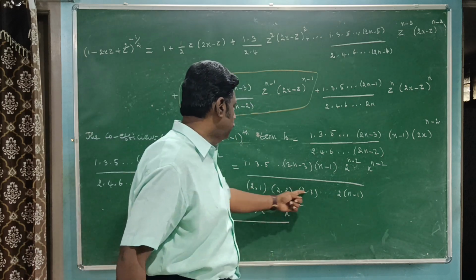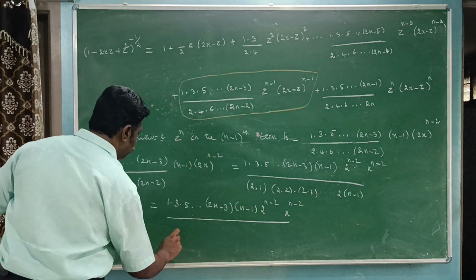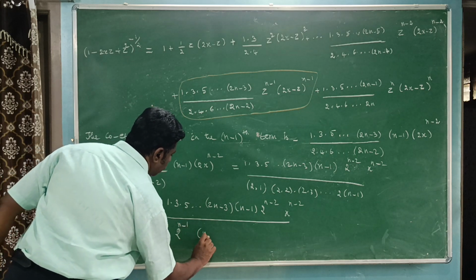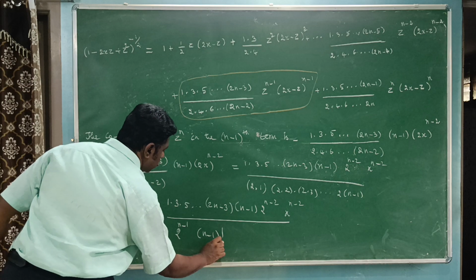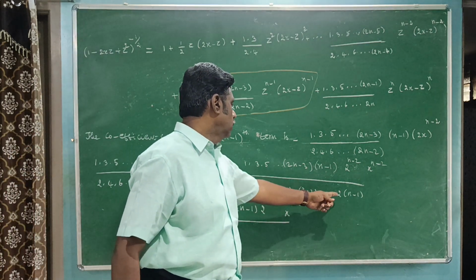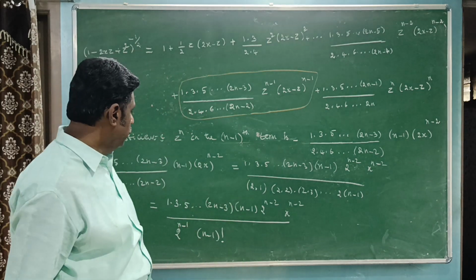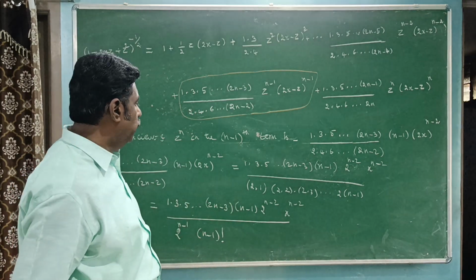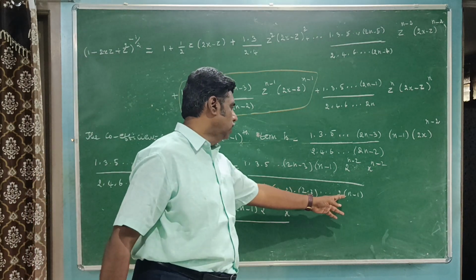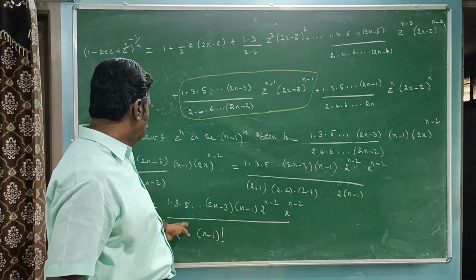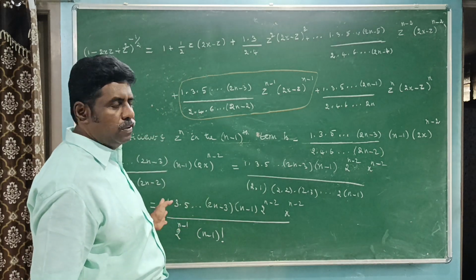we may express the entire terms in terms of 2 power n minus 1 into n minus 1 factorial. The denominator is written as 2 power n minus 1 into n minus 1 factorial, because the final term is 2 into n minus 1. So 2 power n minus 1 is taken out as a common term.